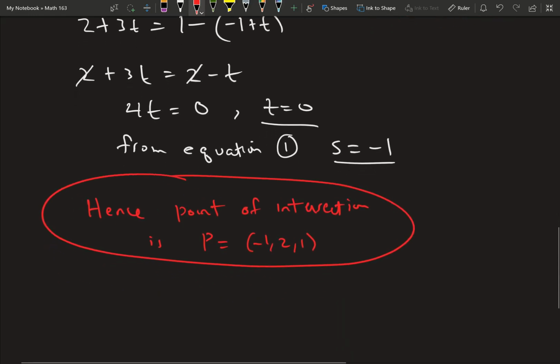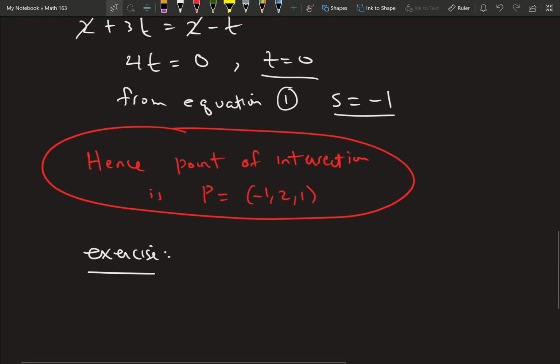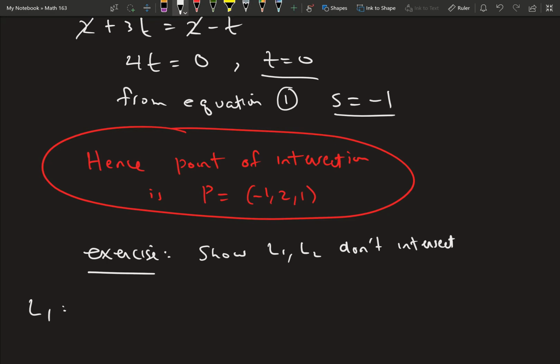Okay, so let's give you guys a little exercise here to show that another set of two lines are actually skew. So show L1 and L2 don't intersect. And if they don't intersect, they're called skew lines.